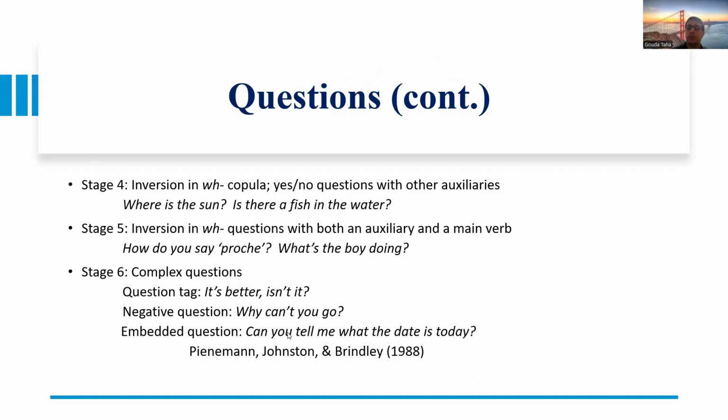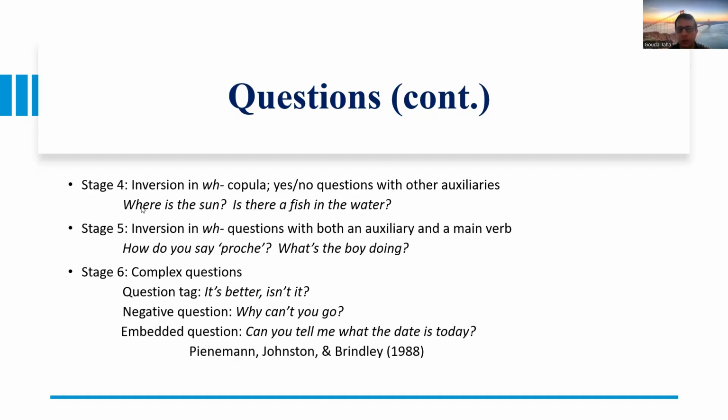In stage 4, there is quite more progress and development in question forming, and we start to see some inversion in the WH copula and, for example, the yes/no question. So here we start to see the copula inverted with the subject.